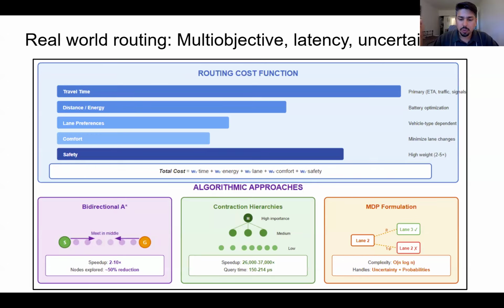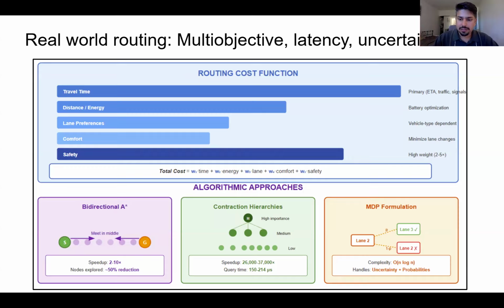That's why a Google Maps search is so fast, even though it's searching over such a large network and such a large graph. It's able to do a lot of pre-computation beforehand, and then use some of these techniques for pruning, or some really good heuristics which can speed up the search dramatically. So I think that is an important factor to consider here.